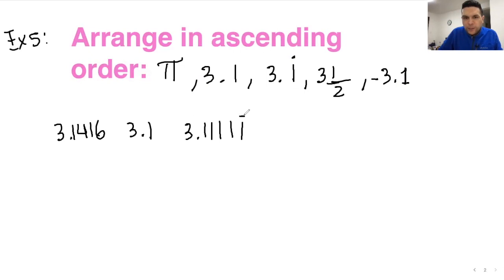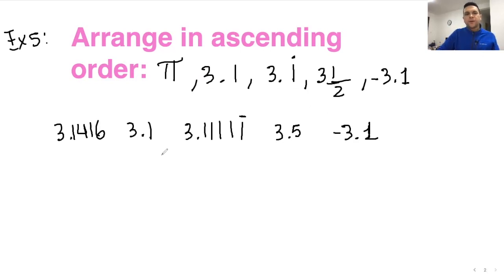I like to use a line, okay? The paper I have uses a little dot, but I like to use a line to indicate that this number is repeating infinitely. 3.5, this is 3.5. And then this one is just negative 3.1.